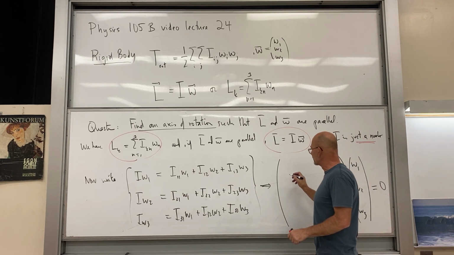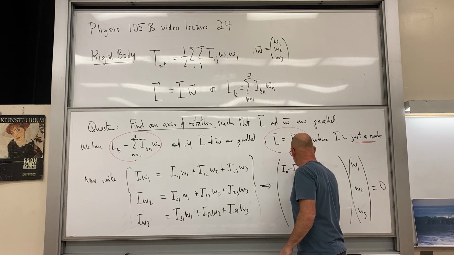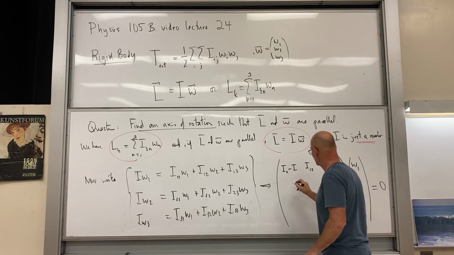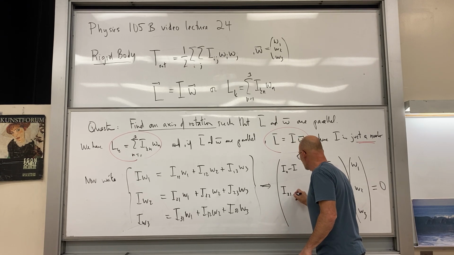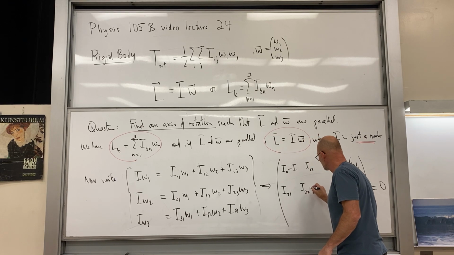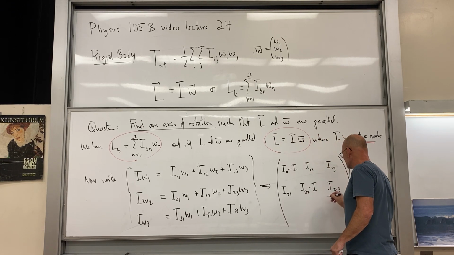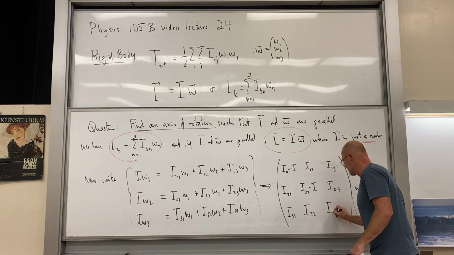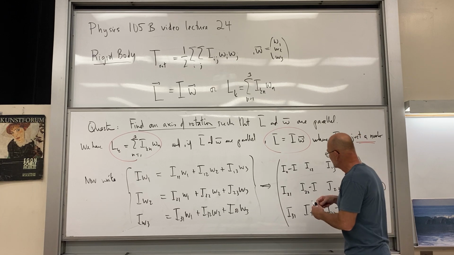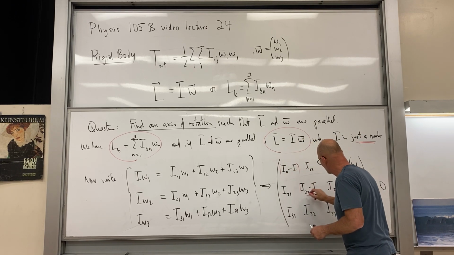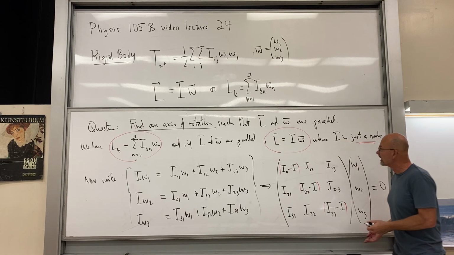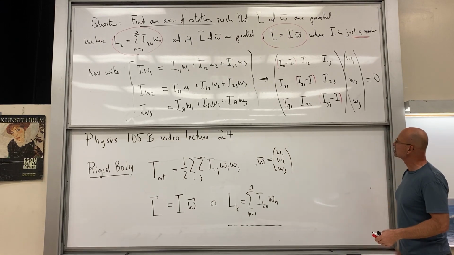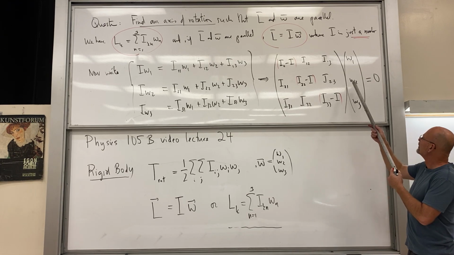It's the first row times the column, so it's I 1,1 minus I on the diagonal, and then I 1,2, I 1,3, I 2,1, and then I 2,2 minus I, I 2,3, I 3,1, I 3,2, I 3,3 minus I. So I'm going to put little brackets around the diagonal elements. So that's matrix times vector equals 0.